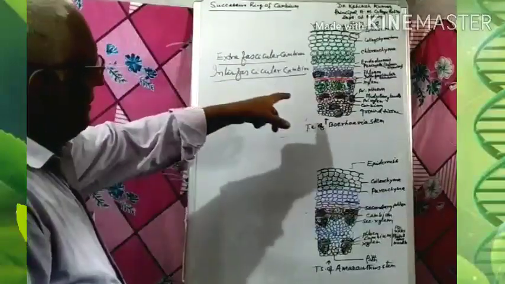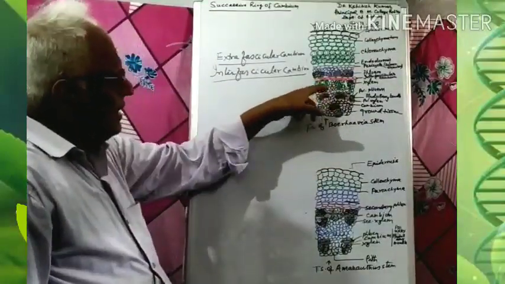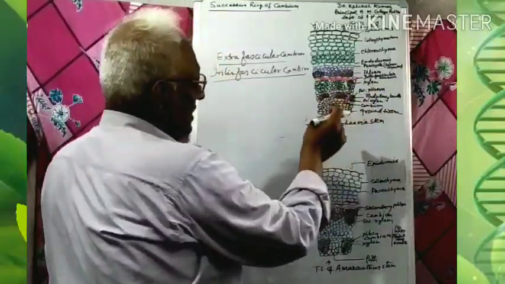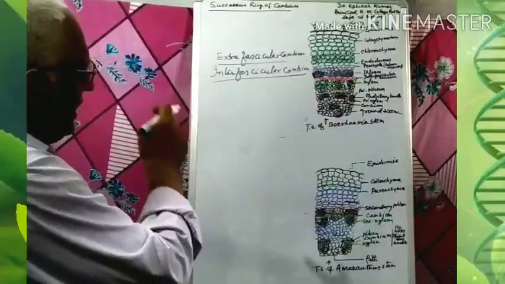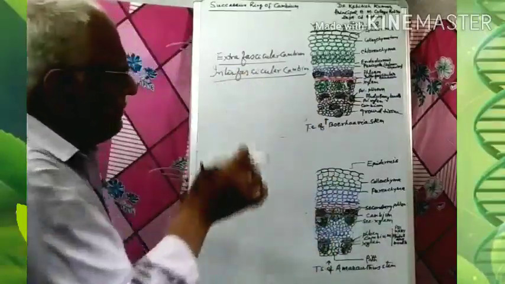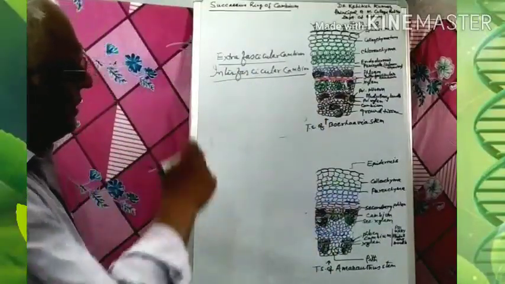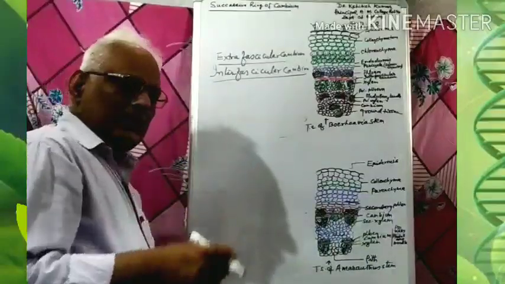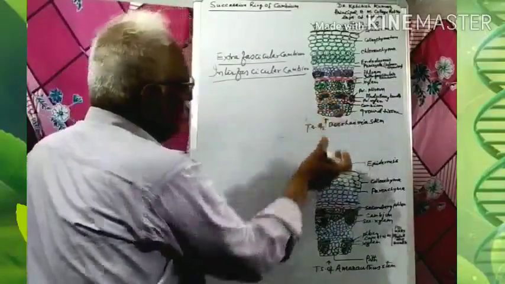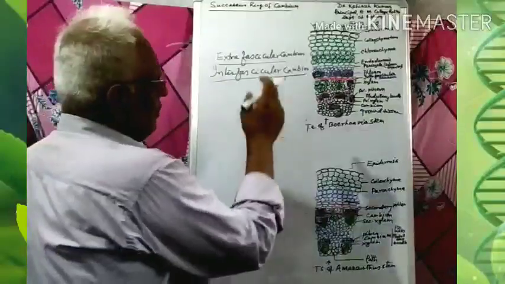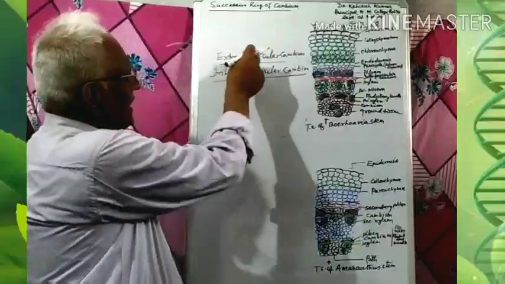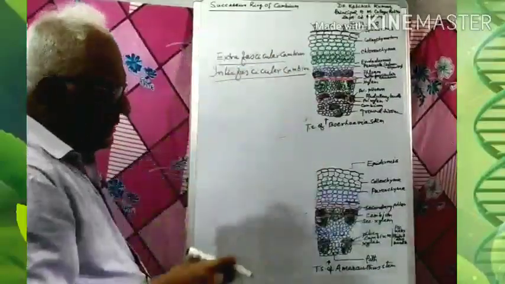In the first ring, when it starts secondary growth, the portion of cambium that falls within the vascular bundles is known as the intrafascicular cambium, and the portion of cambium in between the two vascular bundles is known as the interfascicular cambium. But here a new term comes, the extrafascicular cambium, that is in the second ring of the cambium.